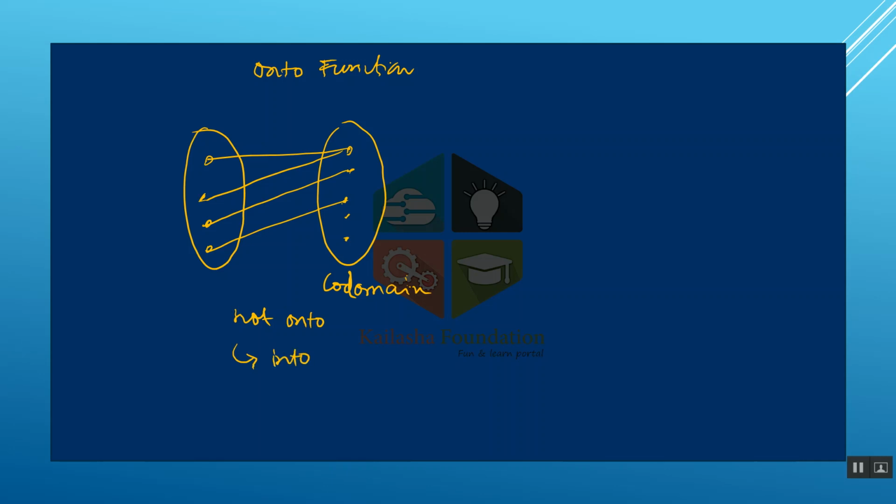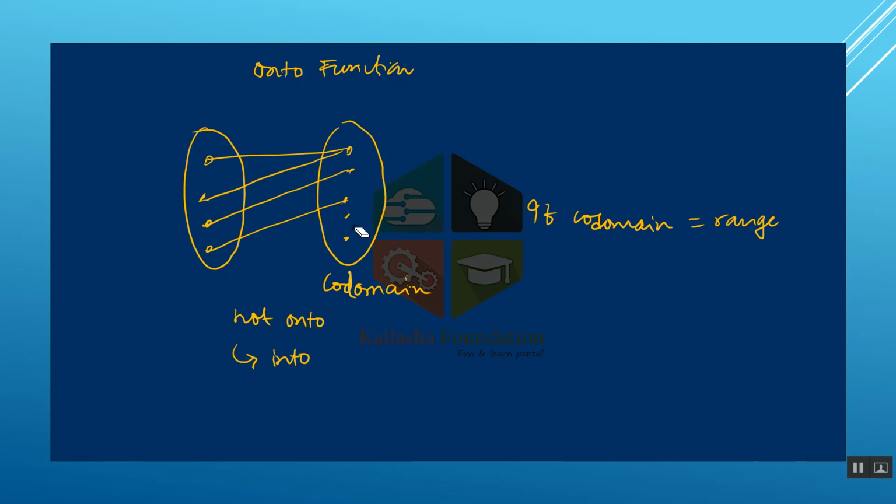Okay. If codomain is equal to range, that means the entire codomain is mapped. No element is left here like this. No element is left here like this.